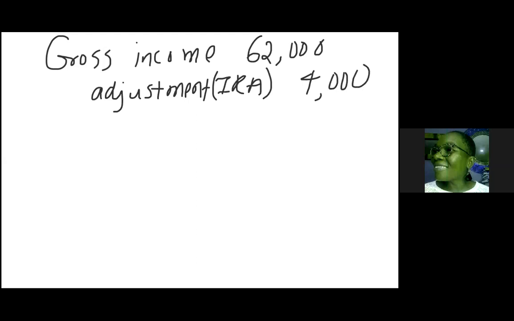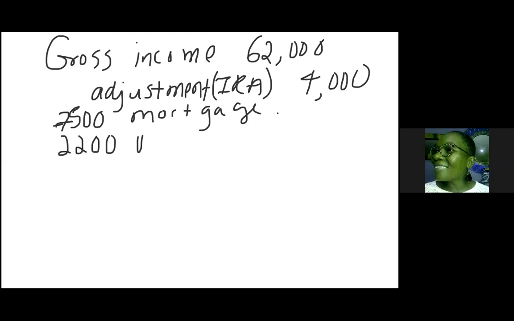All right. Now, he has a $7,500 mortgage, $7,500 mortgage. Then he's got a $2,200 property tax. And then he also has $2,400, which he contributed to charity.